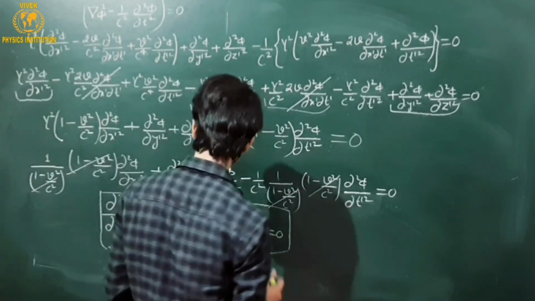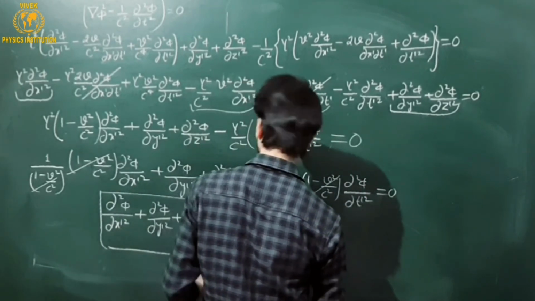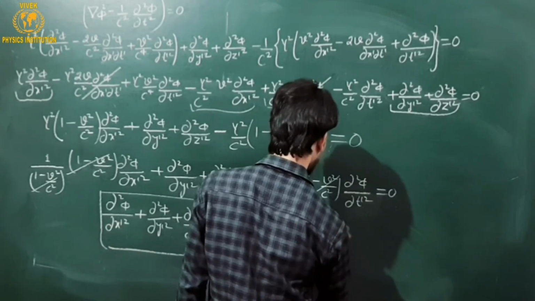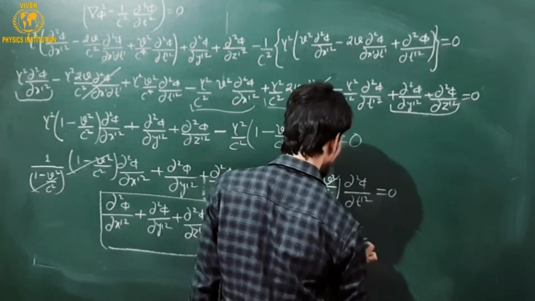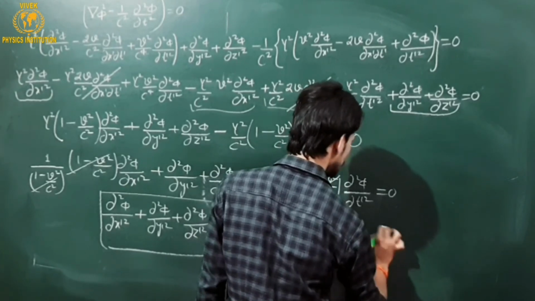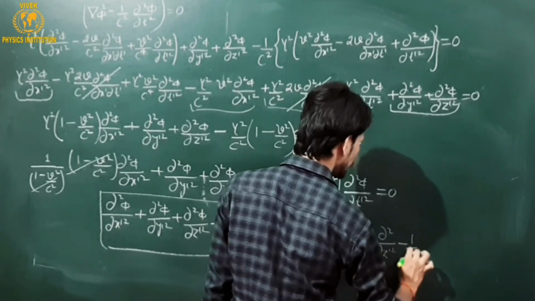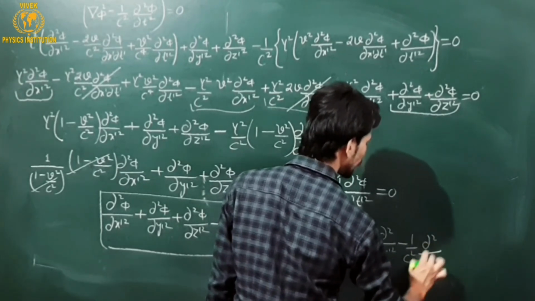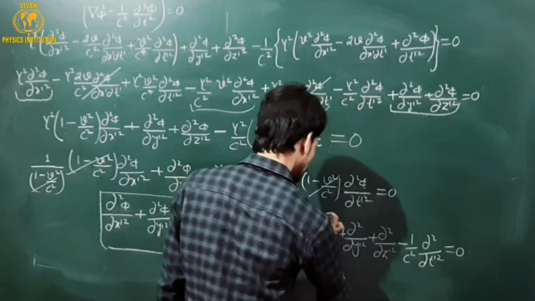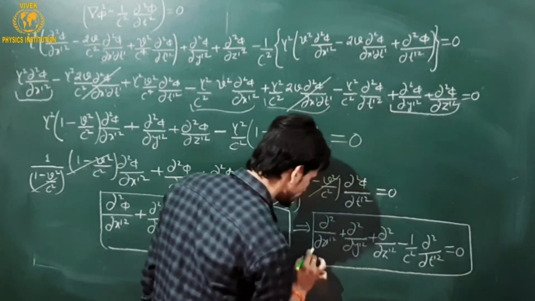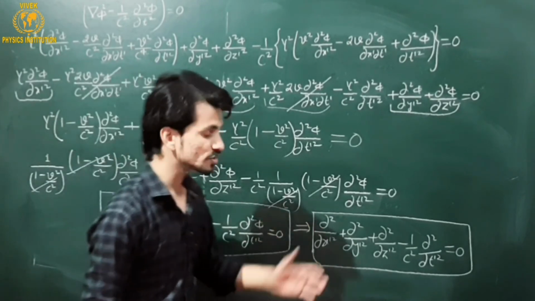Without the phi, this equation is del square over del x dash square plus del square over del y dash square plus del square over del z dash square minus 1 upon c square del square over del t dash square equals 0. This is our wave equation after applying the Lorentz transformation.